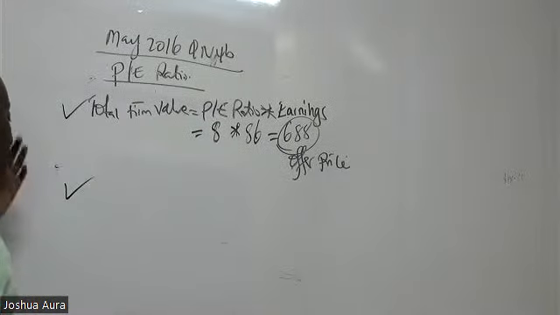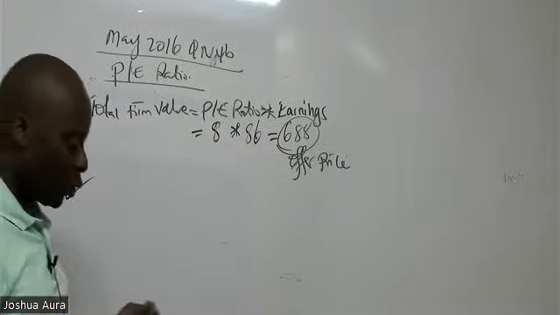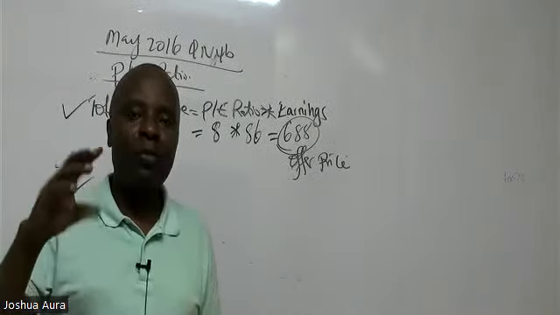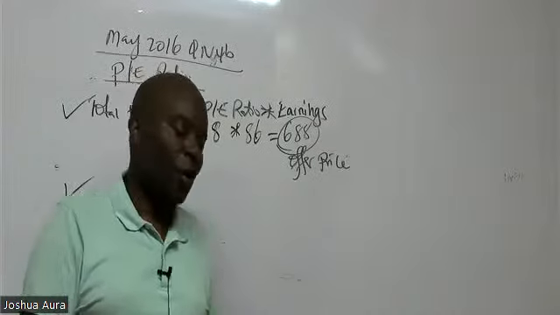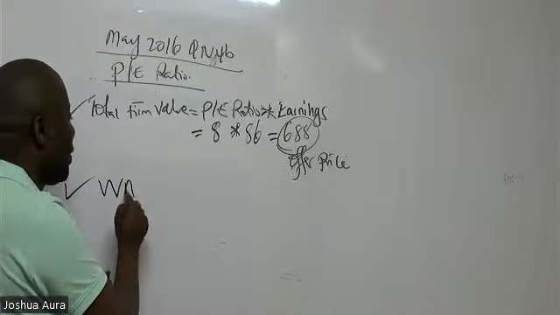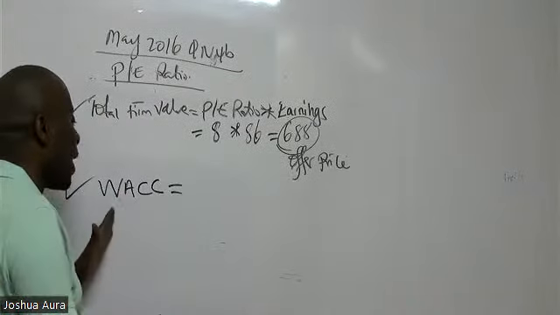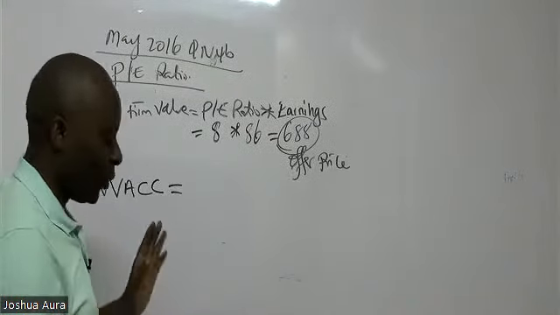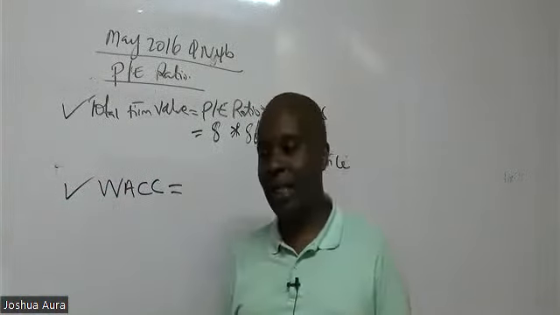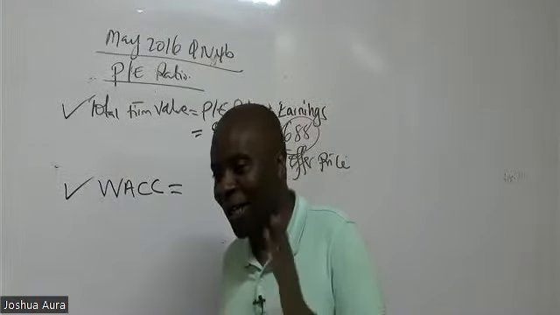Even after being appointed finance directors of their big companies, instead of pronouncing this professionally as WACC, you'll get somebody calling it Wakaka. No, that's very unprofessional. It's supposed to be WACC.